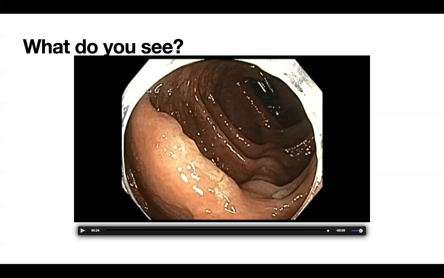I also tell them that if I see other polyps, I'm not going to address them because I don't want to get caught up in addressing these small polyps, which might make my large polyp resection technically challenging because I put in more air, or you develop other issues.